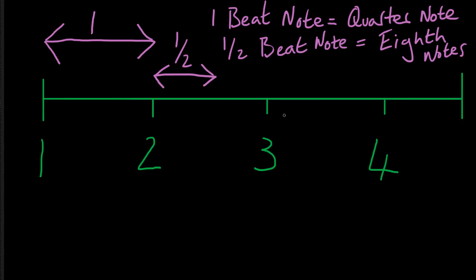Now say that we wanted to split this beat up even more and split it up into 4 equal chunks. We have a way of doing that. Now, this is a bit more difficult to draw. Imagine these are 4 equal chunks of this beat. I'll just try and put some arrows in here to show it split up. So we've taken a quarter note and split it up not into 2, which would be eighth notes, but into 4, which is the next type of note that we'll be looking at.